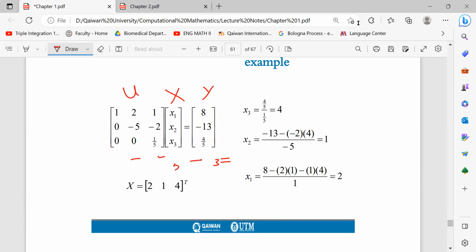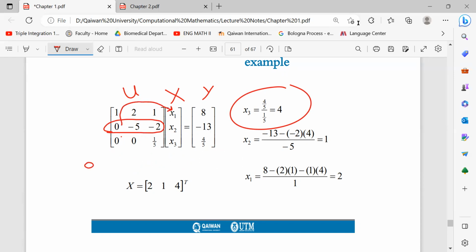Then, look, we found that x3 is 4. Then we multiply the second row by x1, x2, x3. The first element is multiplied by x1, which is 0. 0 times x1 is 0. Then negative 5 times x2, which is minus 5 x2.